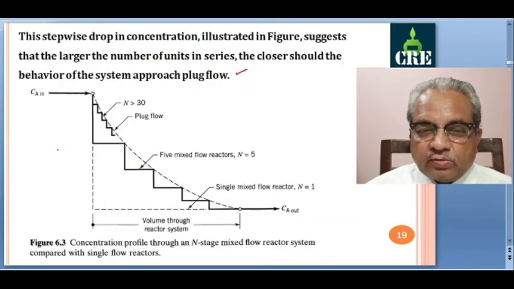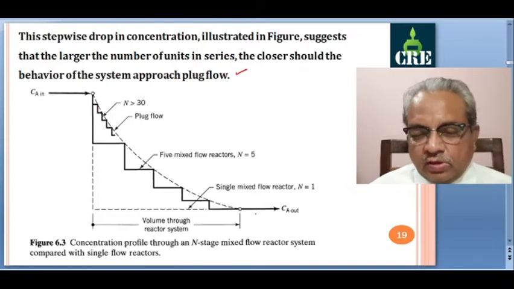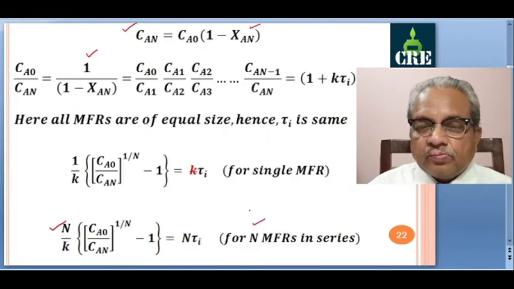This we have seen here. Single mixed flow reactor, then we have seen 5 mixed flow reactors, then we have increased it further to 30 mixed flow reactors, and if you increase further, the stages will become smaller and smaller, and this will coincide with this curve. So it is a plug flow performance.